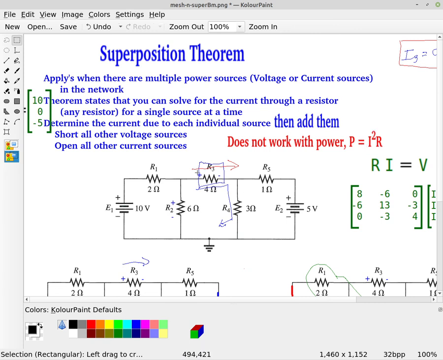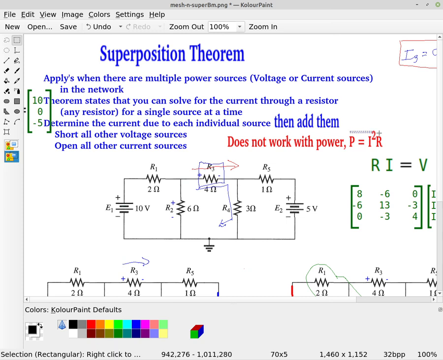You couldn't find the power in R3 due to E1 and then find the power in R3 due to E2 and try to add those, because those powers would both be positive. You wouldn't have a negative, but in fact E2 is reducing the current in R3, and therefore the power is less.